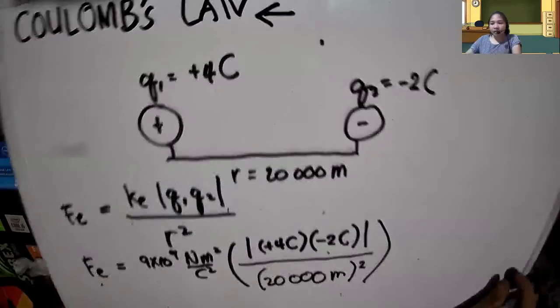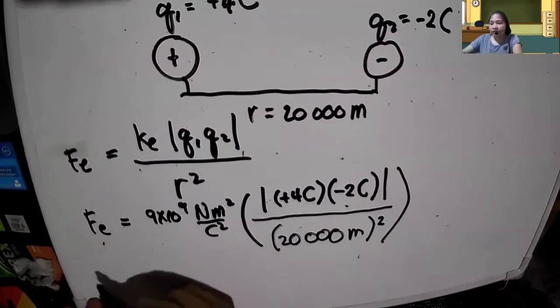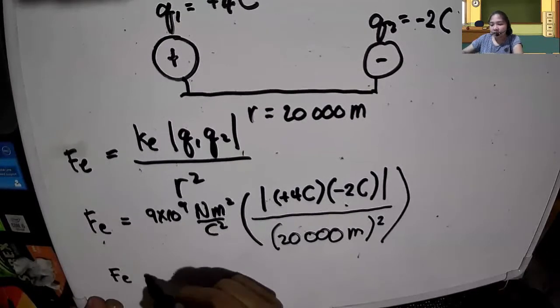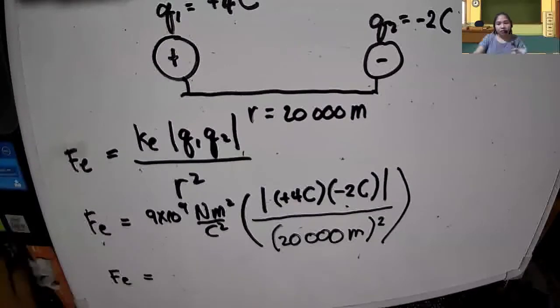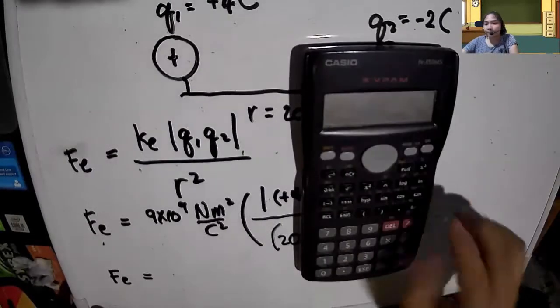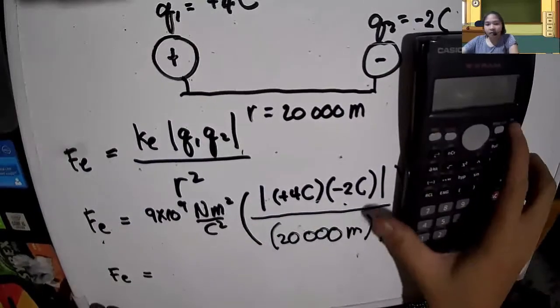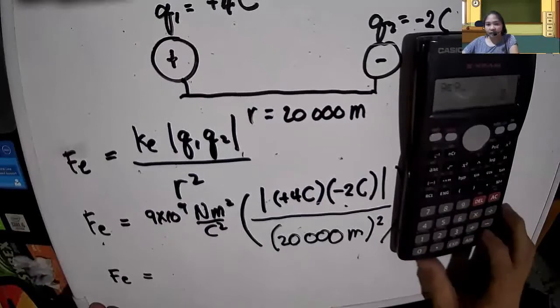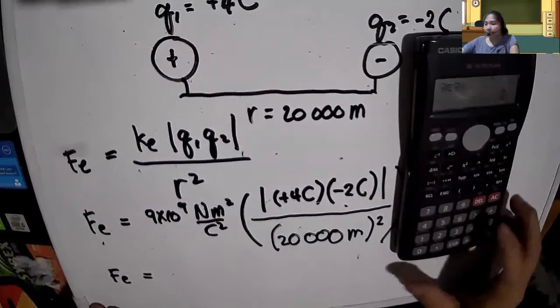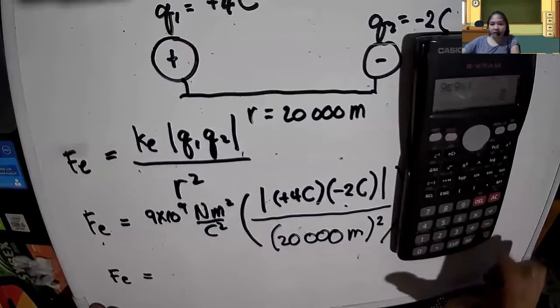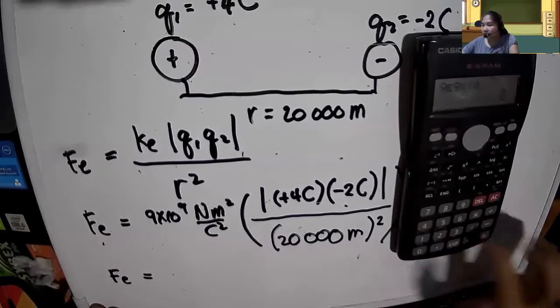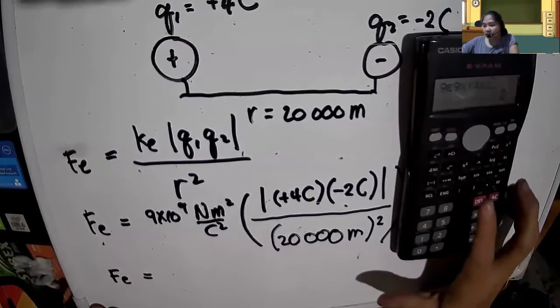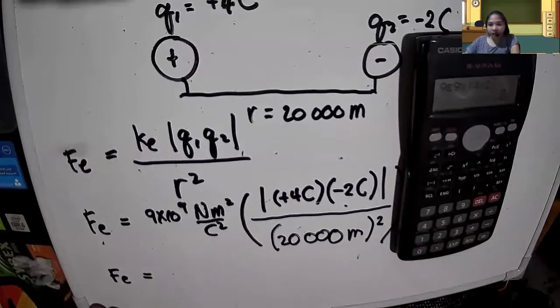So using our calculator, what should be our answer? 9 times 10 to the power of 9, times, enclosed in parentheses, 4 times 2. I did not write the negative because we already know it should be a positive answer.